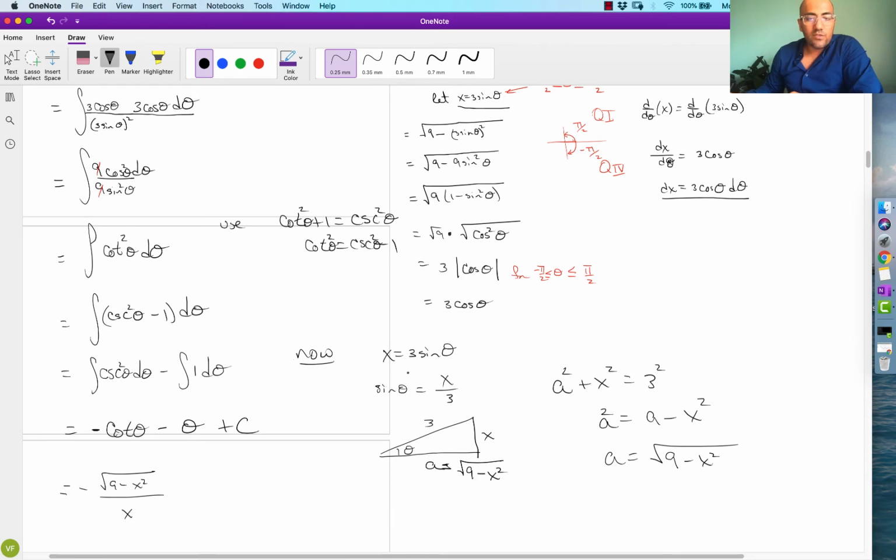Theta can be solved from here. Right? Theta equals sine inverse of x over 3. So this is going to be minus sine inverse plus some constant.